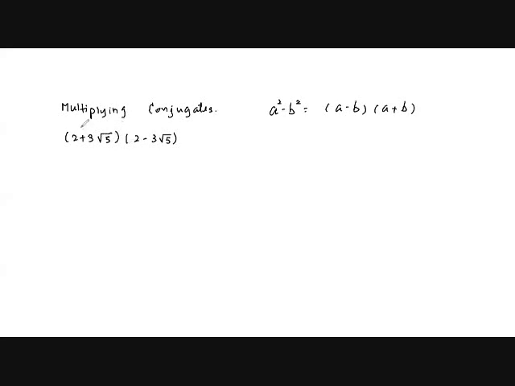Okay, so maybe we try here. This times this becomes 4. And this times this, so we have minus 6 root 5. And then this term times this, so we have plus 6 root 5.